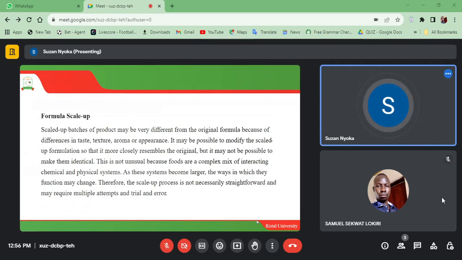This is not unusual because foods are a complex mix of interacting chemical and physical systems. As these systems become larger, the ways in which they function may change. Therefore, a scale-up process is not necessarily straightforward and may require multiple attempts and trial and error.